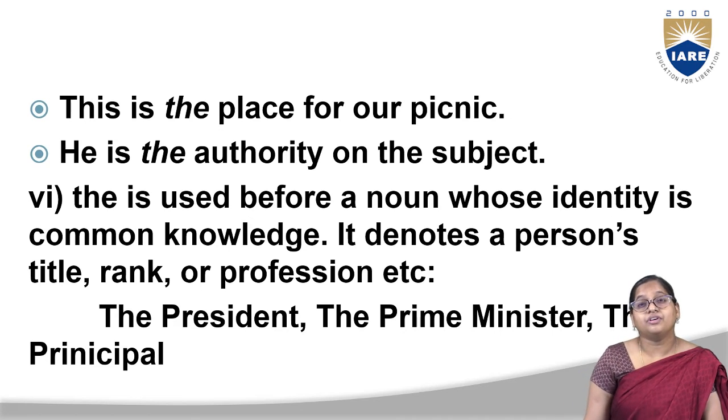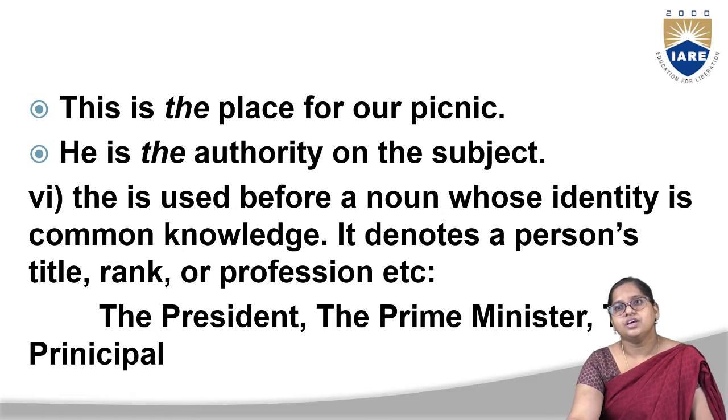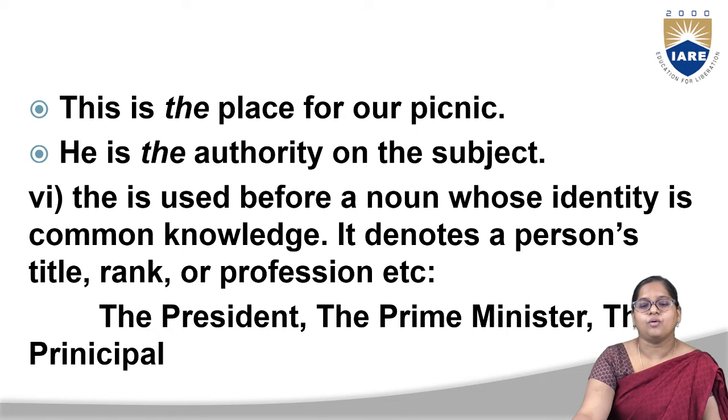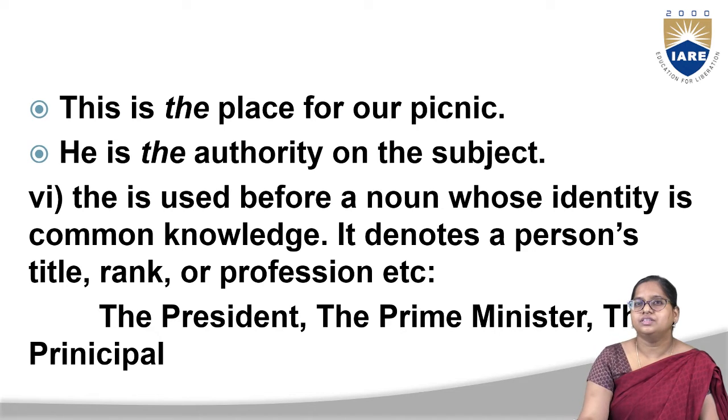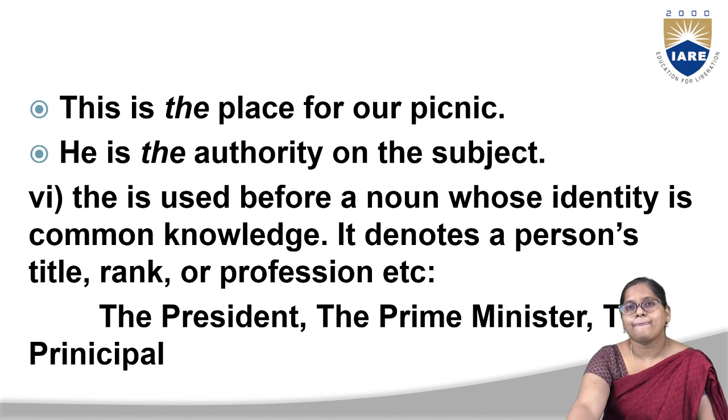This is the place for our picnic. He is the authority on the subject. So one and only. The is used before a noun whose identity is common knowledge. It denotes a person's title, rank, or quality.